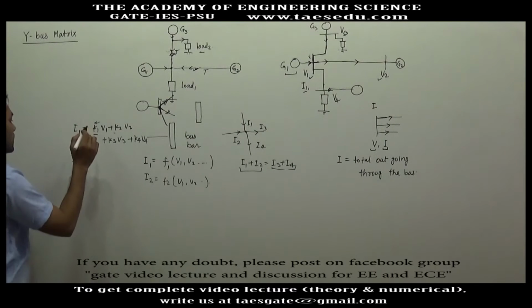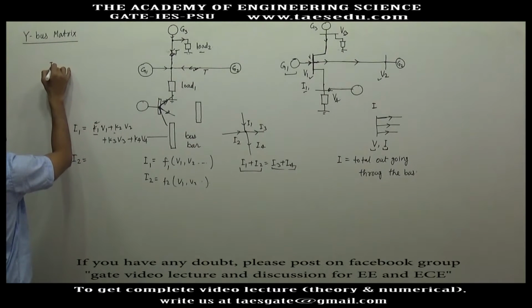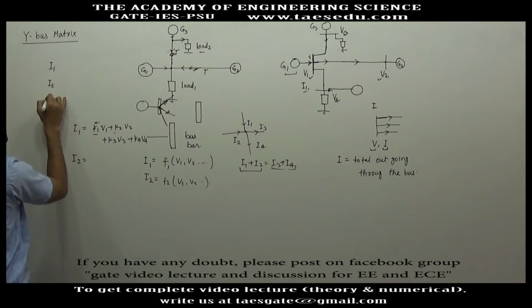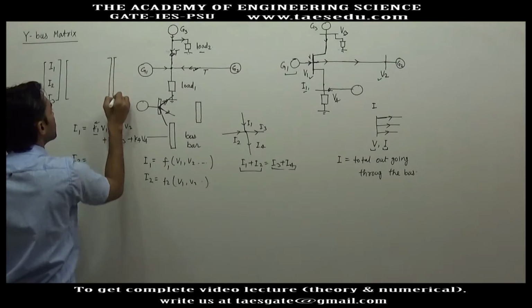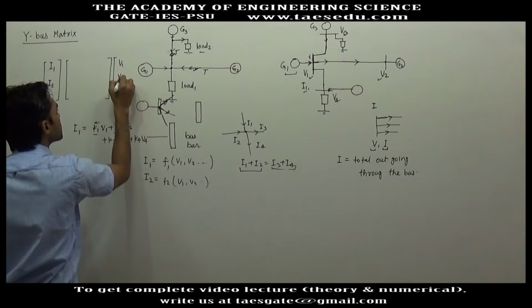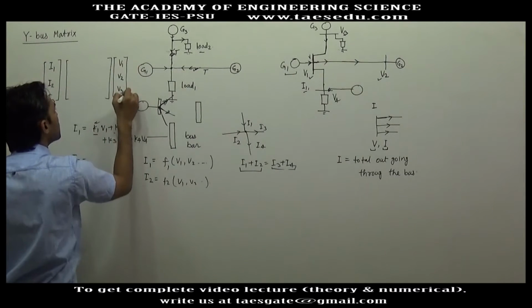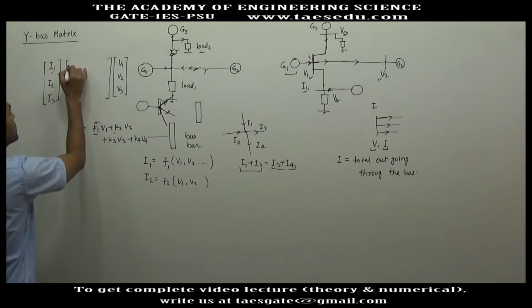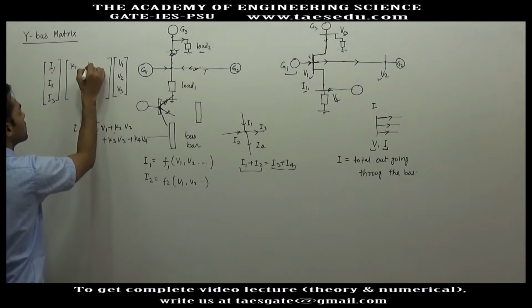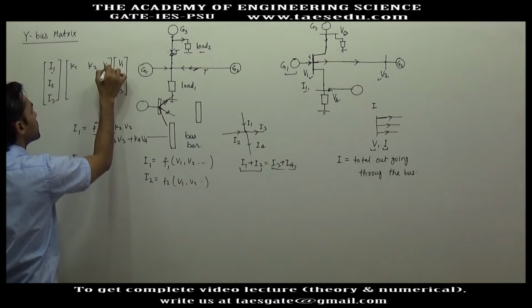So this way we can construct a matrix of I1, I2, let's say there are 3 buses, and here all the voltages on which all the currents depend. I1 will be K1 V1, then K2 V2, K3 V3.